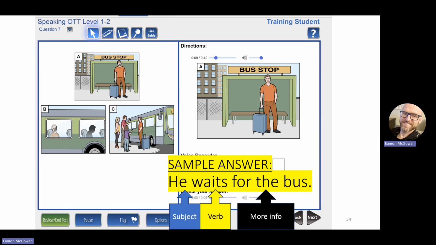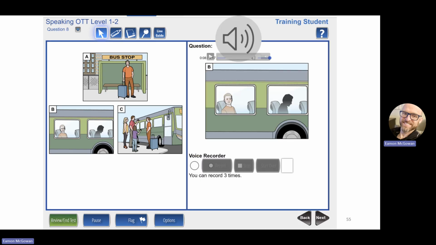Also, notice they only have to address one image. And then they're going to go to next and listen, and it's going to say, what does he do next? I'm not going to play it. You can hear it when you do this using the resources. But what does he do next?